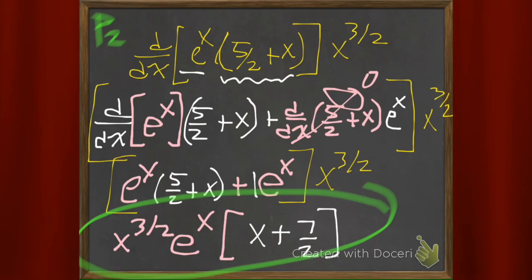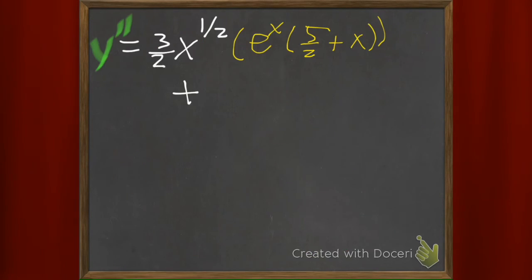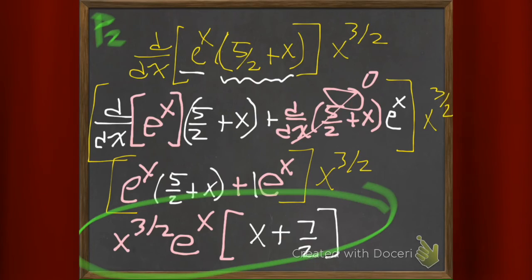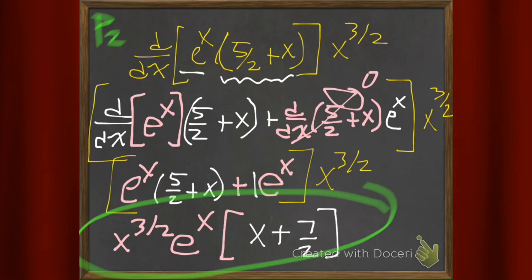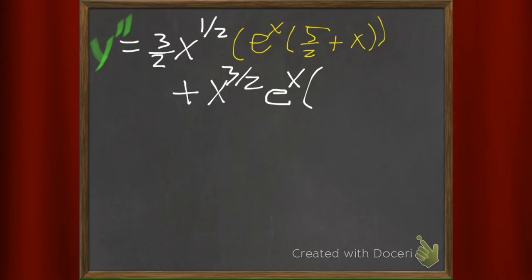I'll do it. x to the 3 halves, e to the x. And then that was times, is it x plus 7 halves? Oh, sure is. Now let's do some sick factoring. We're going to pull out the smallest power of x again.